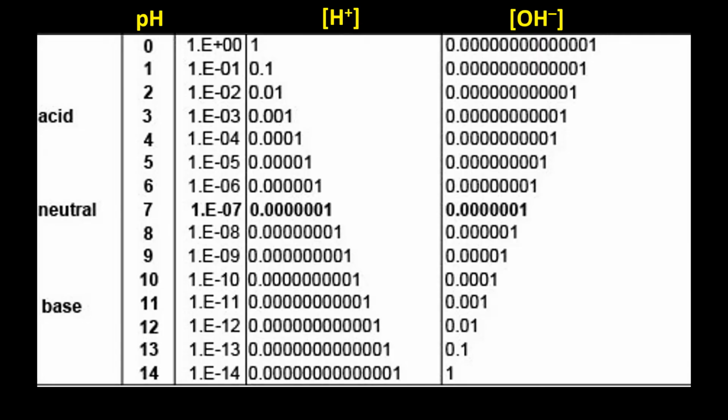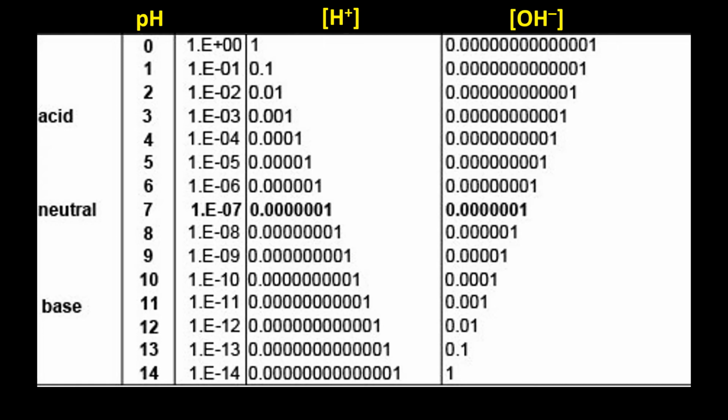So this is a table that I've shown before, and you can see the second column shows pH, and this goes all the way from acidic conditions to basic conditions. But the last two columns show, in all of these conditions, what the hydrogen ion concentration and the hydroxide ion concentration are. You can see that the numbers start at 1 and then get very small for hydrogen, and then for the hydroxide ion concentration it starts very small and goes up to 1.